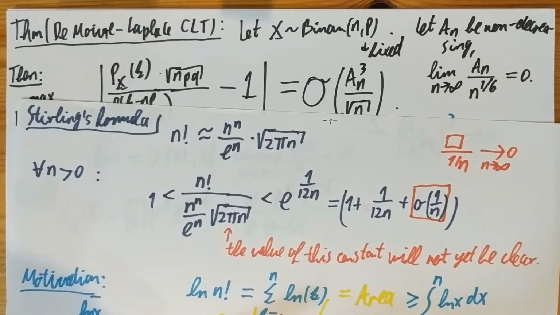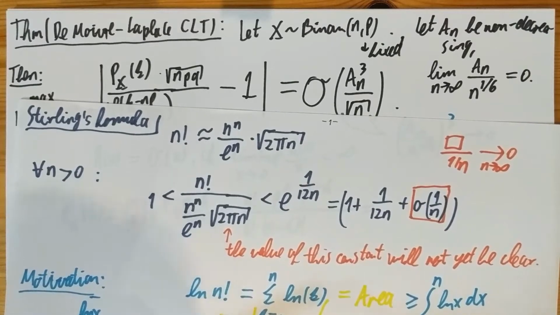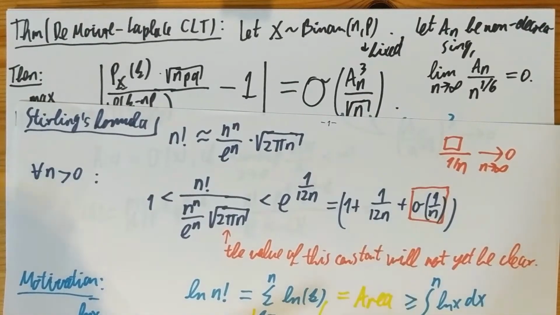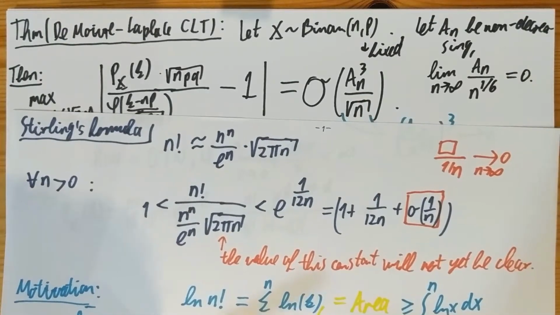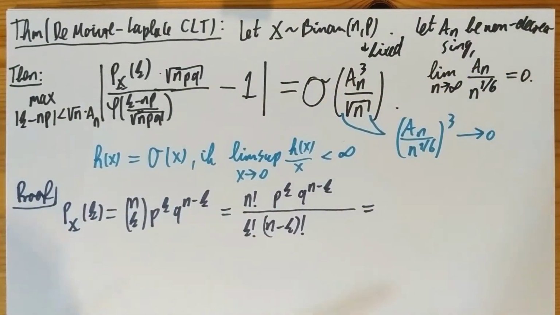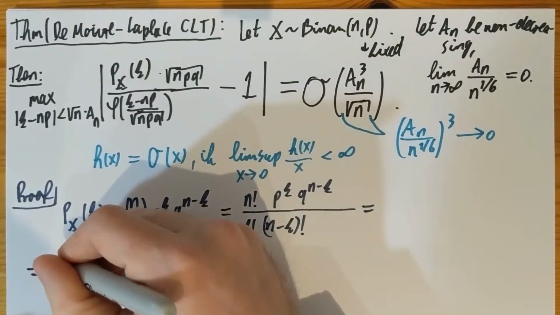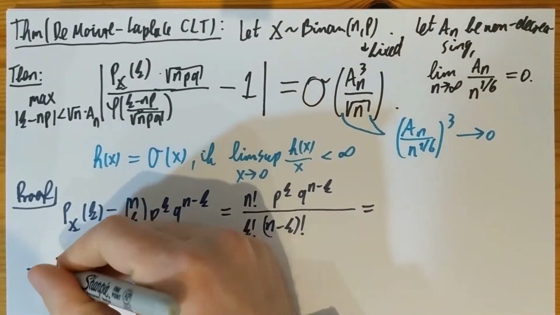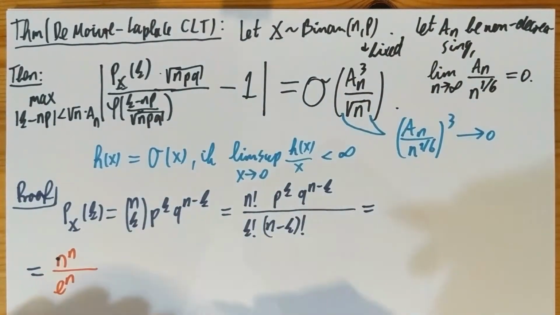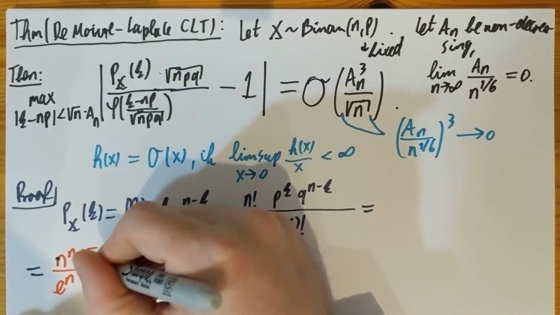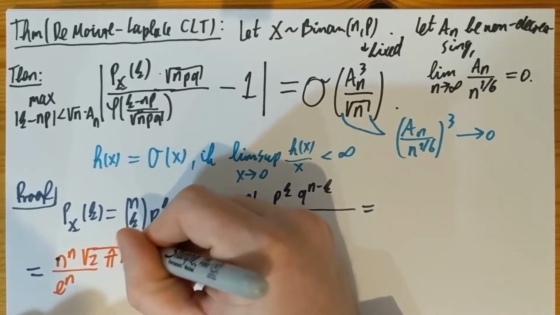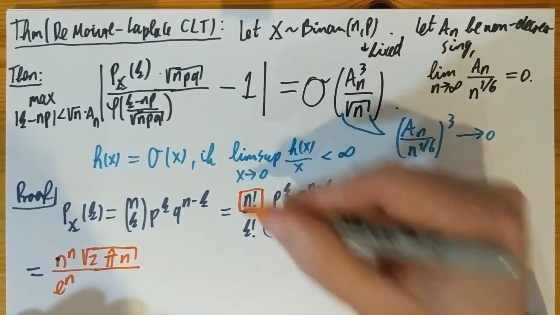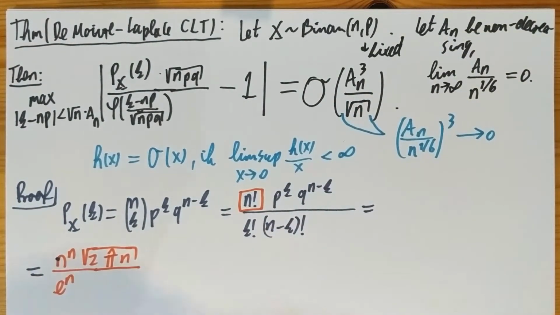Everything I do has an error, and this error is a multiplicative factor of 1 plus something in the order of 1 over the actual number I'm substituting the factorial of. So n factorial becomes n to the n over e to the n, and then square root of 2 pi hat n. This was n factorial.